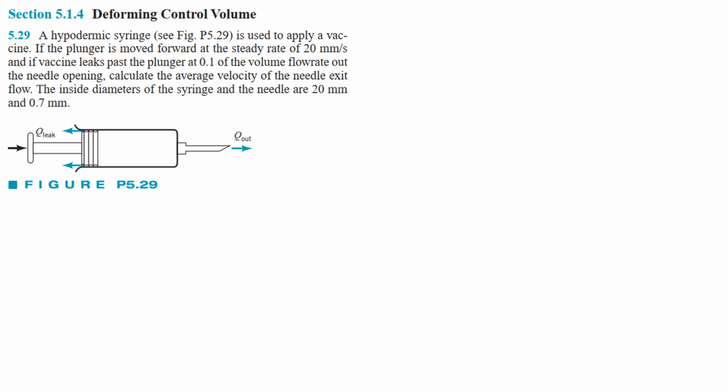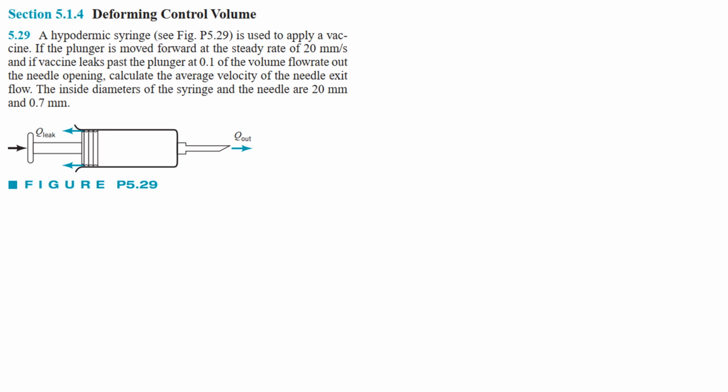Now we have a problem of a deforming control volume. In this case the volume is stationary, but it is deforming, so our Reynolds transport theorem will look different when we solve this problem. A syringe is used to apply a vaccine.